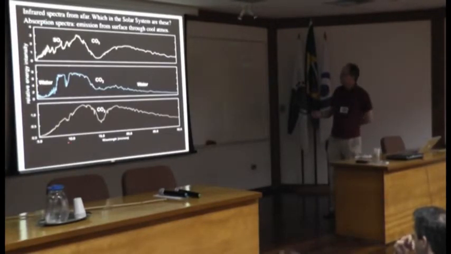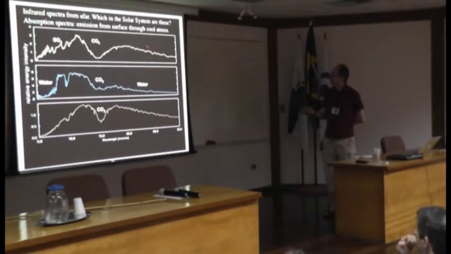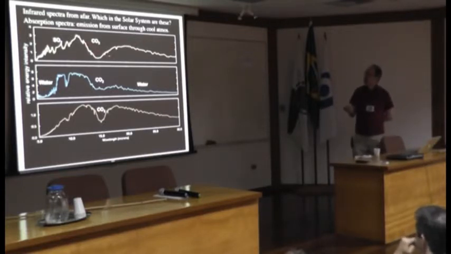And here are some spectra. This is in the infrared, going from 5 microns to 30 microns. And these are from some planets, solar system planets. You can probably guess which ones are which. The colors are meant to make you guess. So this is Venus, and we can tell that there's carbon dioxide and sulfur dioxide in the atmosphere, so there are some sulfur dioxide absorption lines.